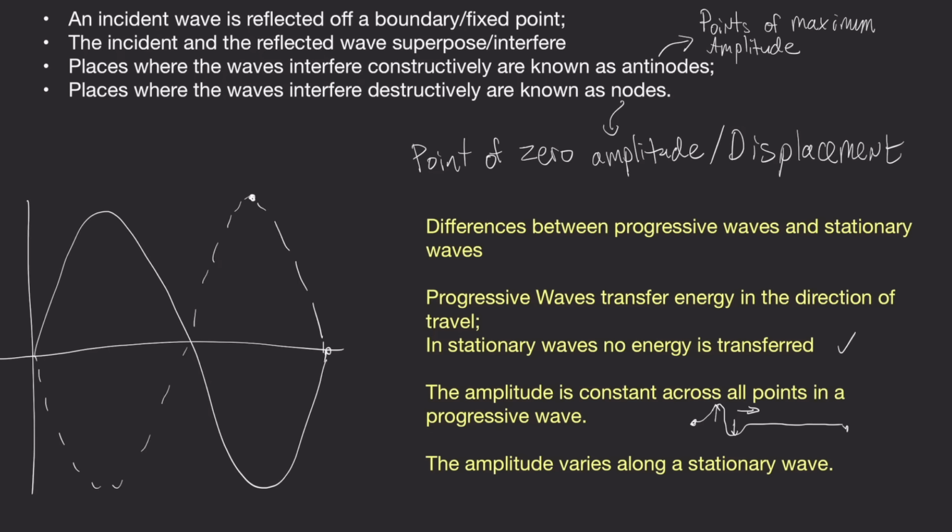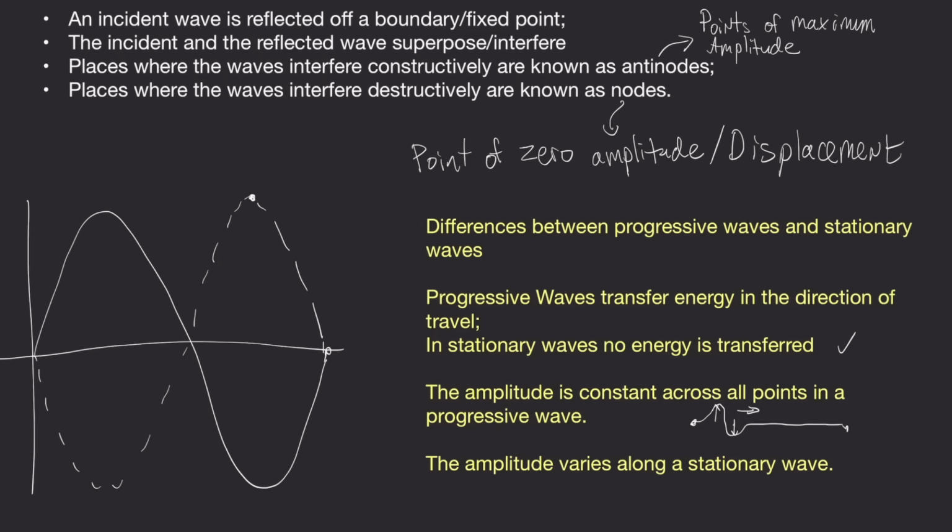So if we're at this point, we'll constantly be going up and down like so with the maximum amplitude. Whereas if we're on a point right next to it, we are going to be going up and down with a slightly lower amplitude, and then slightly lower amplitude still, until we reach a node where we're going to have zero amplitude. So this here is 0, this here is a max, standing for maximum amplitude.